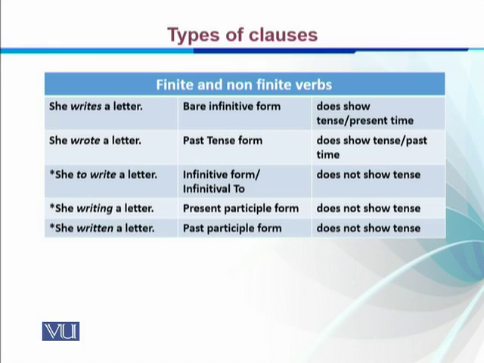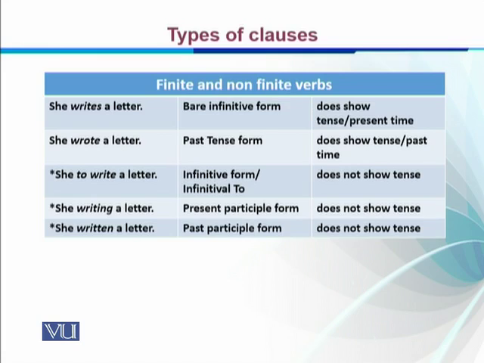Whenever we have to use this as a verb, we need a helping verb. She is writing a letter. So is will come, which is a time marker, as we have seen. Only in that case, is or was or any other time marker will make it a finite verb, and thus the clause will become a finite clause.